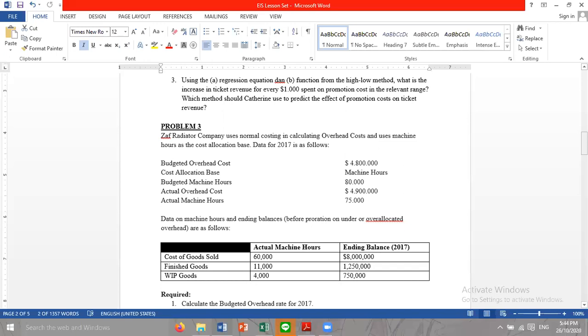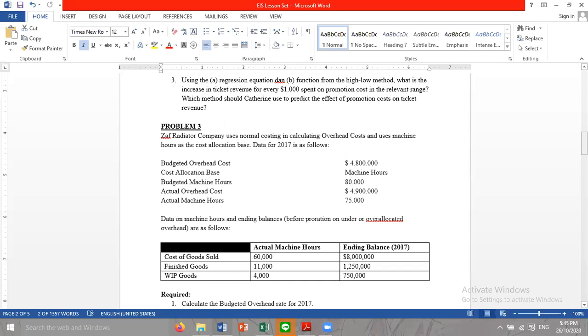So the proration method, the theory is that we spread the under or over allocation of indirect costs to the work in process inventory, finished goods, and cost of goods sold based on a certain criteria or driver, which depends on the question or the situation.